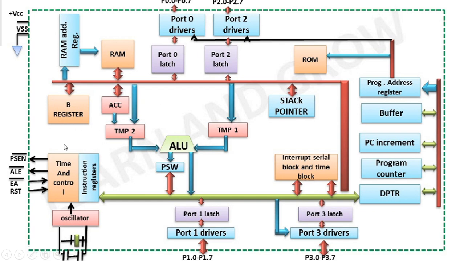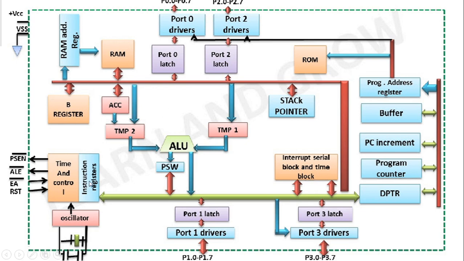Okay, now here we have this timer unit and instruction registers. Instruction registers are actually used for storing the current instruction which is fetched from the memory. That means after fetching instruction from the memory, it is placed inside the instruction register.